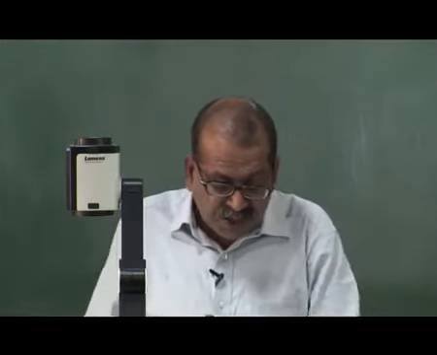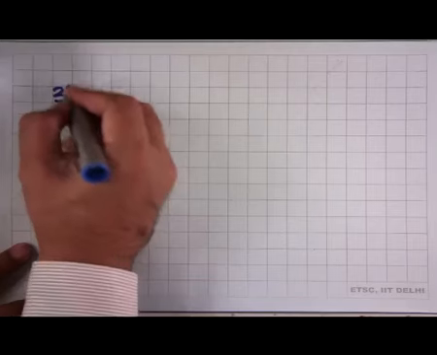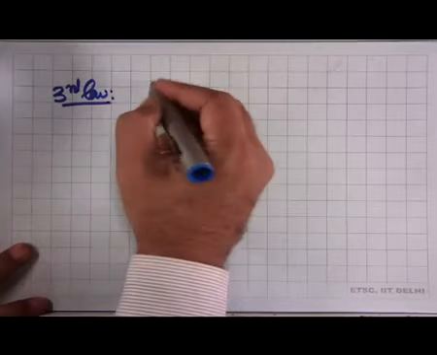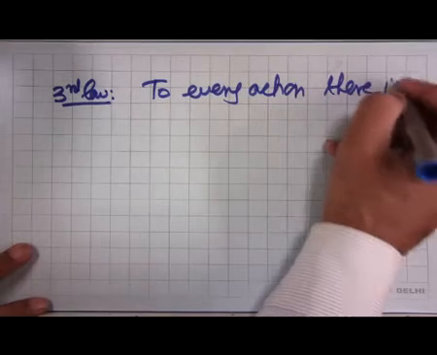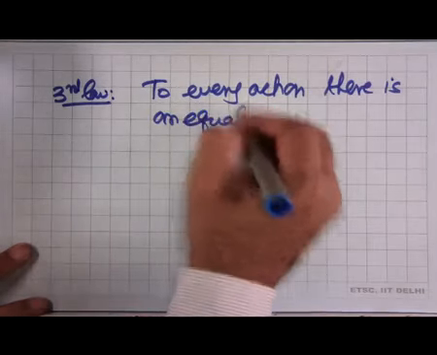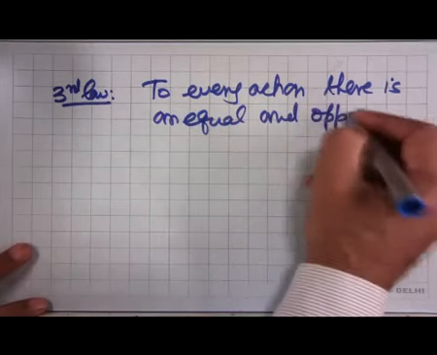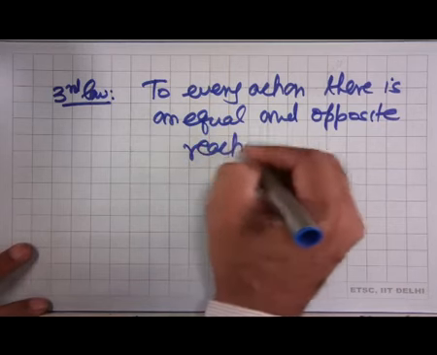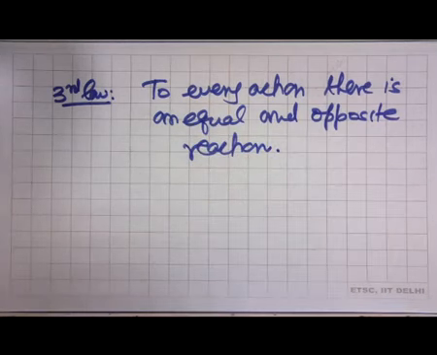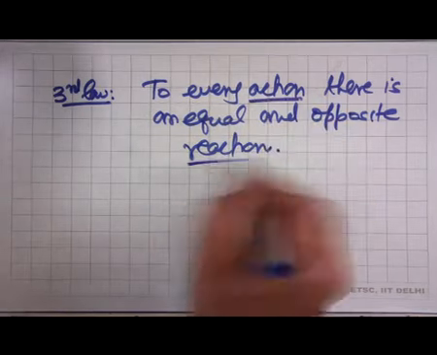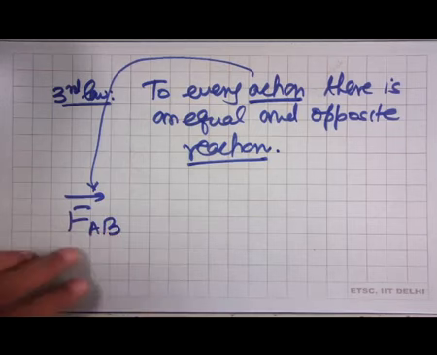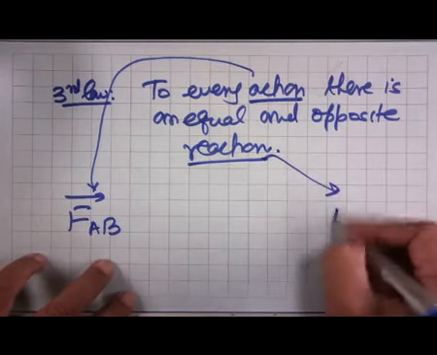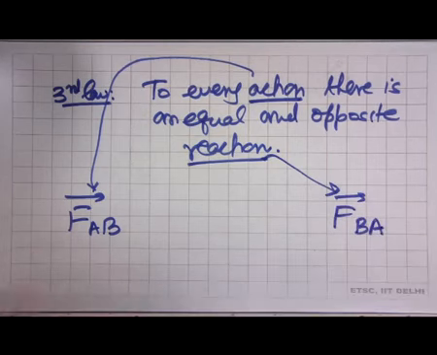Now, what Newton had stated was Newton's third law. If we look at some classical texts, this states that to every action there is an equal and opposite reaction. This is the classical statement of Newton's law, but when we write it like this, action here means force exerted on body A by body B, and the reaction is represented as F of BA.